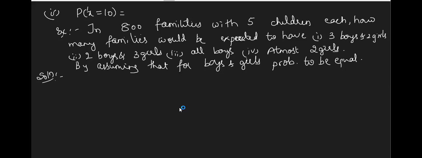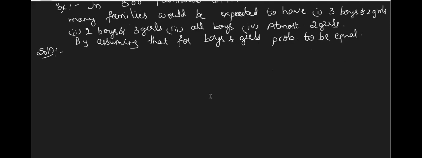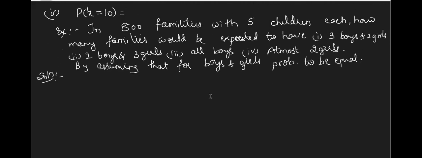Okay. Now what is the value of n they have given? Read it carefully. In 800 families with 5 children each, how many families would be expected to have 3 boys, 2 girls, 2 boys, 3 girls, all boys, at most 2 girls, by assuming that for boys and girls probability to be equal. What is the value of n given here? 5. Very good.